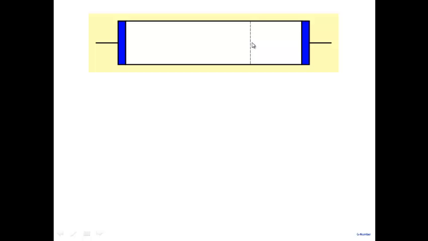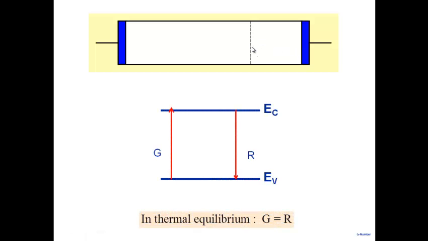And of course, carriers can disappear also because of recombination. Okay, so you can see that if you would like to know what the carrier density is at any particular point, you have to know what the generation rate is at that particular point. You also have to know what the recombination rate is. Okay, it may happen in some cases, net generation rate is 0 or net recombination rate is 0, which is okay. But in many cases, you may find that there is a generation rate, there's a recombination rate that you need to take into account.